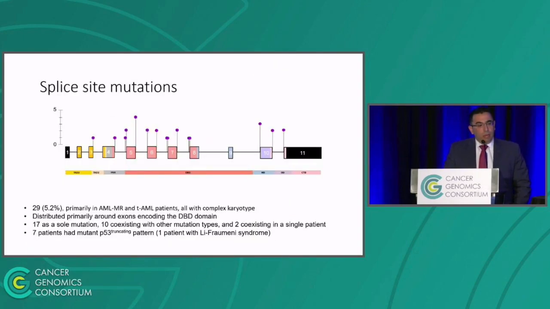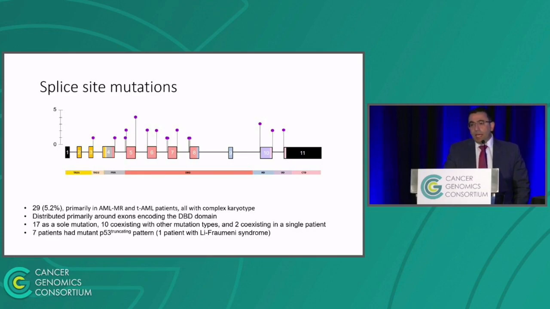What we were also able to demonstrate was that splice site mutations are not uncommon in P53 mutant AML. This could be detected in up to 5% of cases. These mutations are distributed around the DNA binding domain and can either exist separately, independently, alone, or coexist with other mutation types.